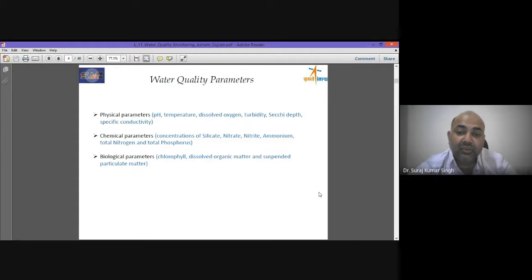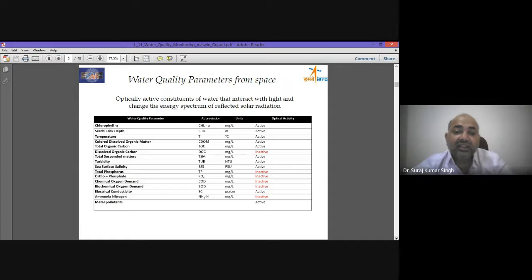And when it comes to biological parameters, it is chlorophyll, dissolved organic matter, and suspended particulate matter. So these are the various materials that have to be evaluated and analyzed in order to have a basic understanding of that area or terrain.